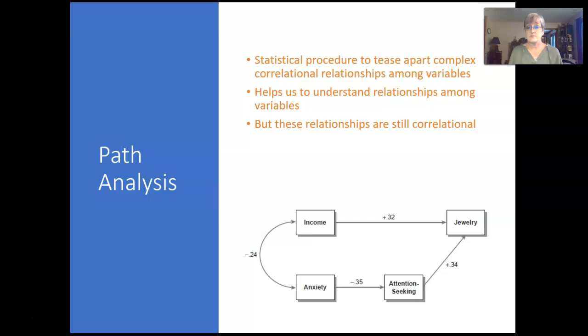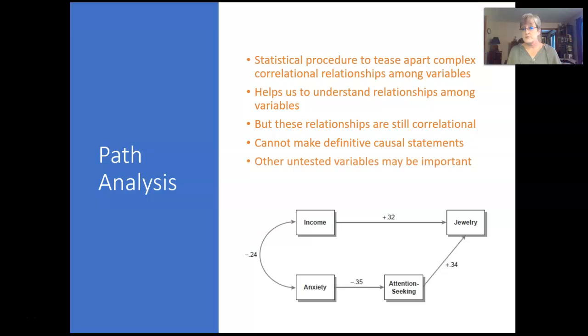the interactions between variables. So you still can't make definitive causal statements based on path analytic data, but what you can do is get a better handle on the interactions between variables as they relate to a final outcome that you're interested in.